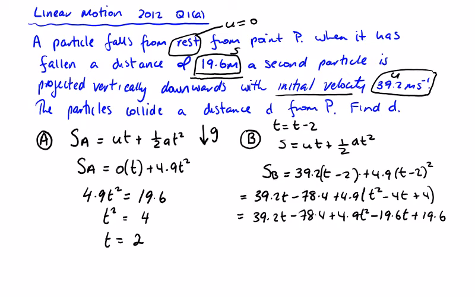So the distance for A and the distance for B will need to be the same. So the distance for A at a time t is 4.9 t squared. And the distance for B at time t is what we just worked out here. We can simplify it first, or just bring everything down. We definitely have only got 4.9 t squared.